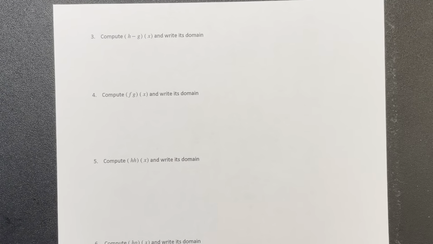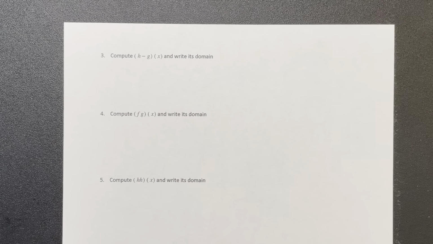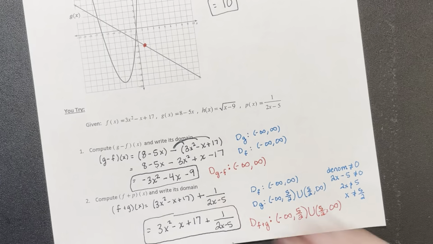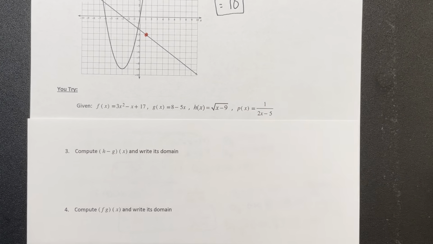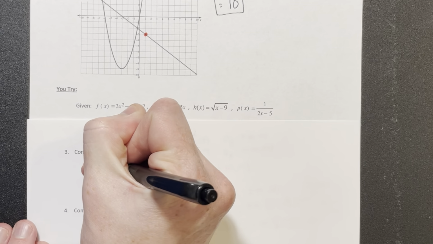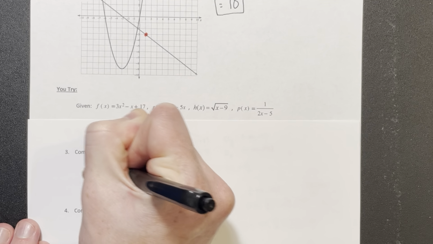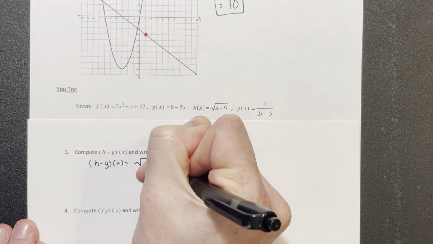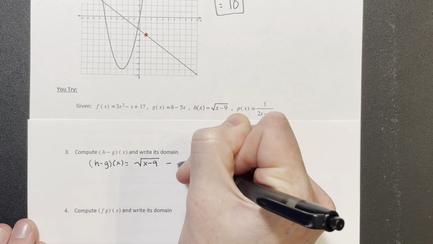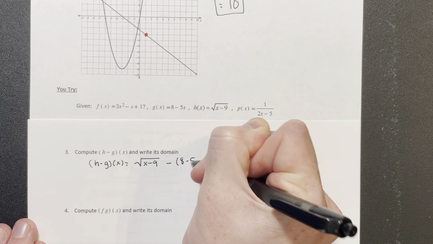All right, number 3, h minus g. Actually, let me put these functions right here for us. So h, here we go. h is our square root, so square root of x minus 9 minus g, 8 minus 5x.